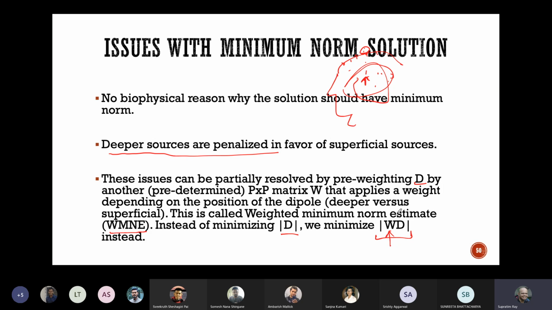But essentially, all these solutions have this sort of form where you pre-multiply the dipole vector with something which tends to even out your playing field, and then you try to minimize that. And there are different restrictions that you can put on W. So here's one idea.